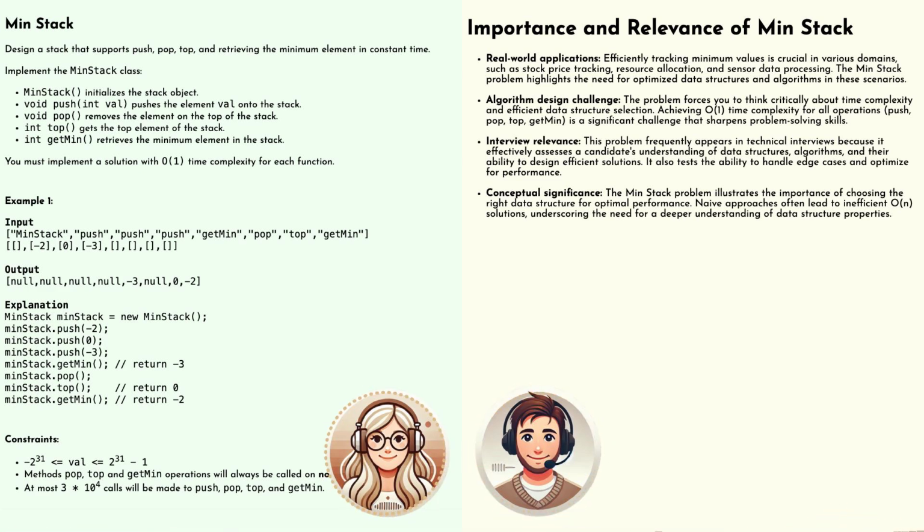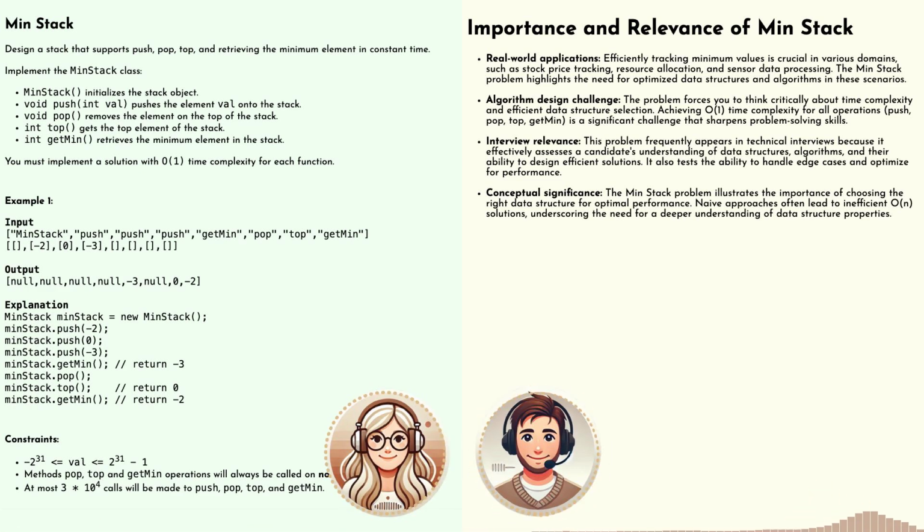So it's not just a theoretical exercise, it has practical application. Exactly. And interviewers love this one because it tests your ability to think beyond just the basic stack operations. It forces you to think about how we can augment a simple data structure to provide additional functionality without sacrificing efficiency.